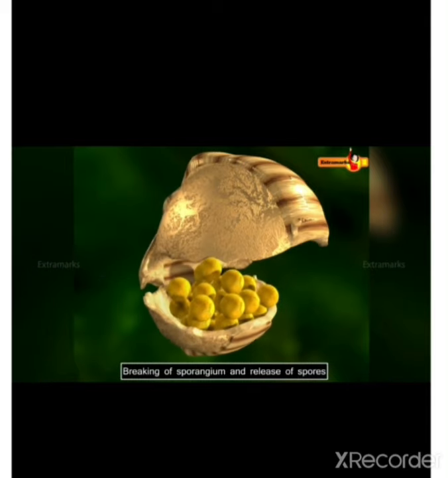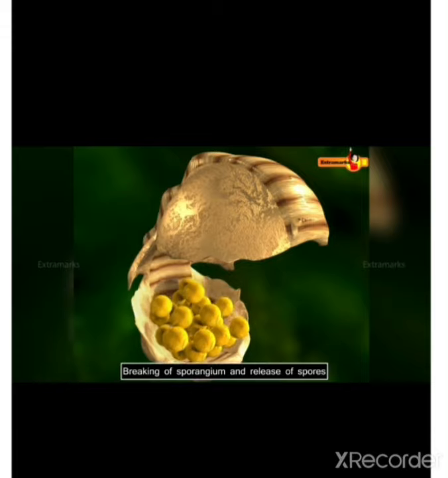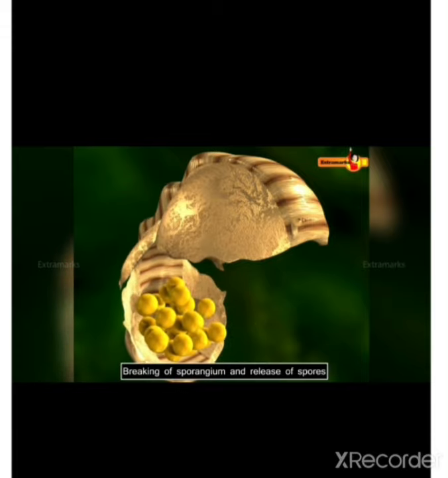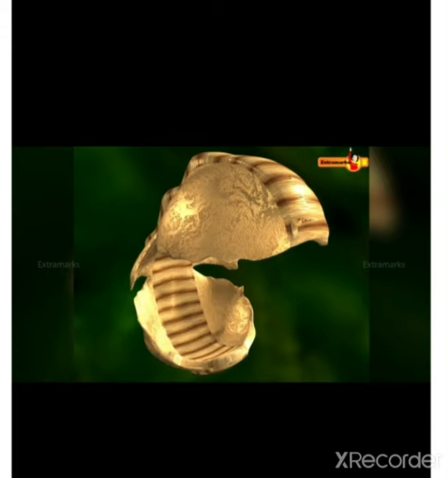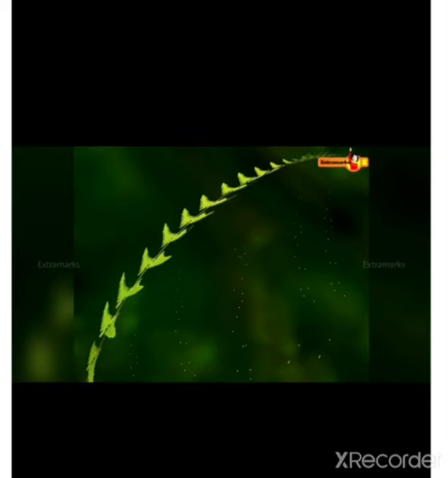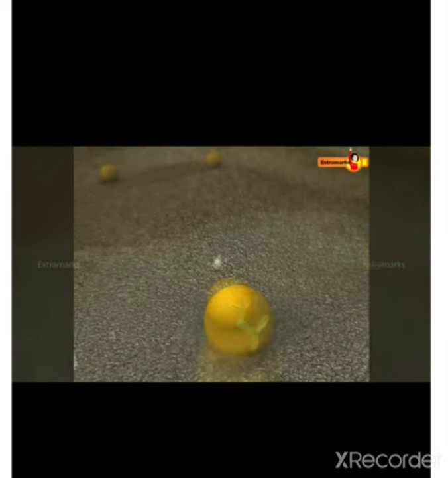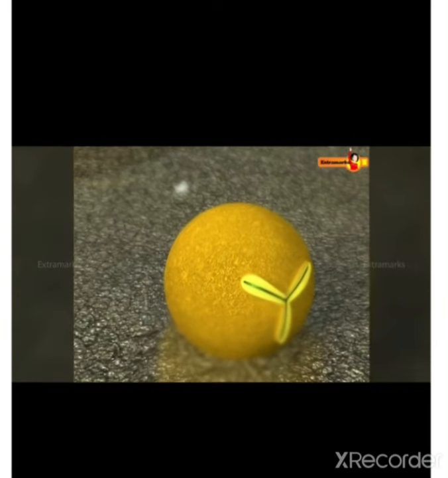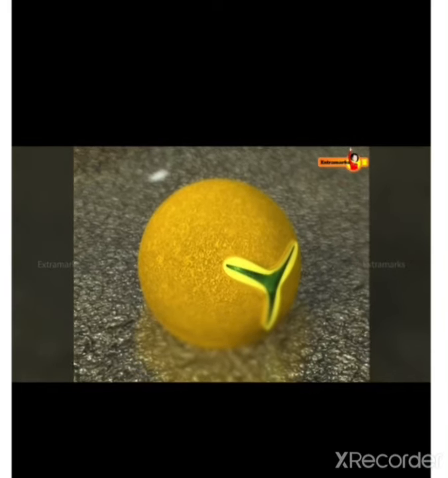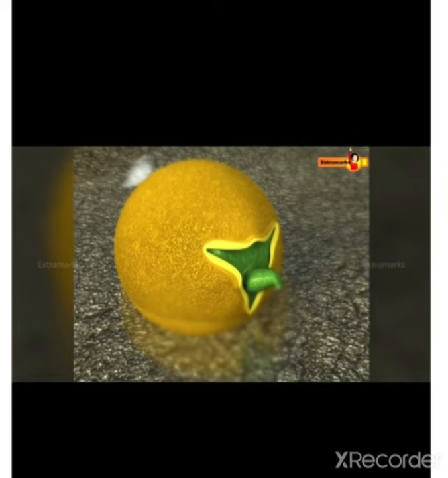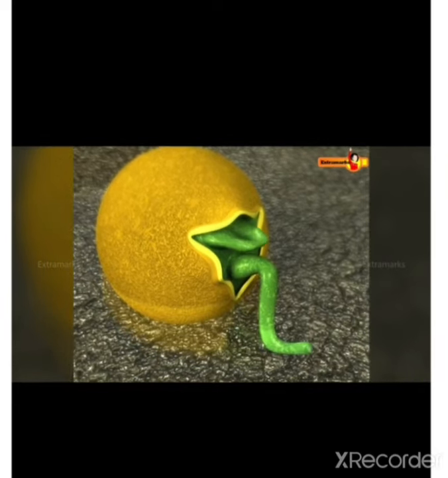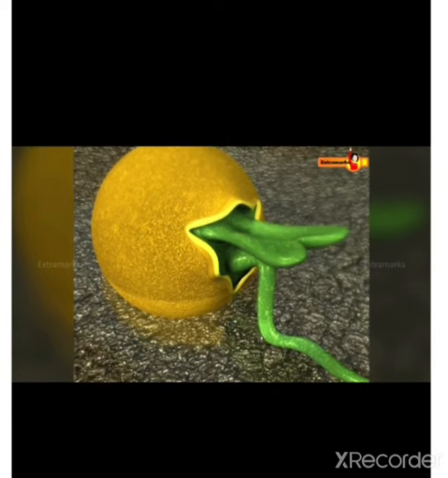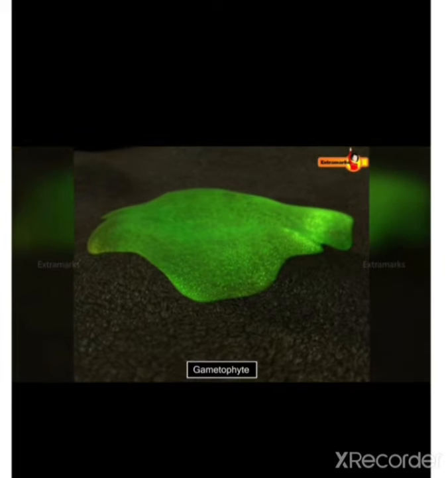When a sporangium breaks, the spores are released and get dispersed by wind. When a spore lands on a suitable substratum with a favorable environment, it grows and forms a tiny plant called a gametophyte.